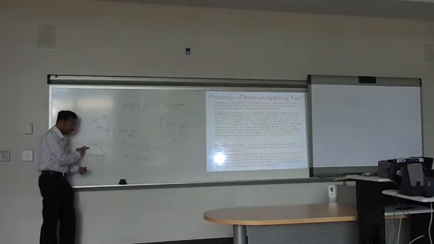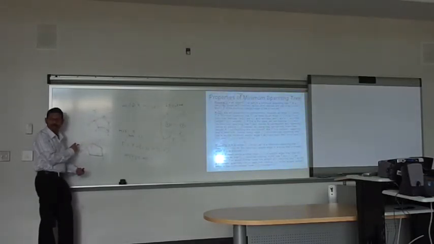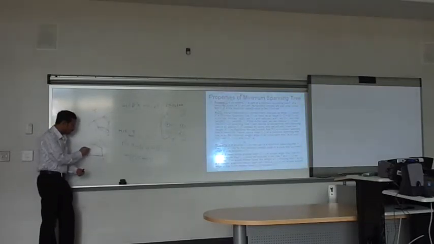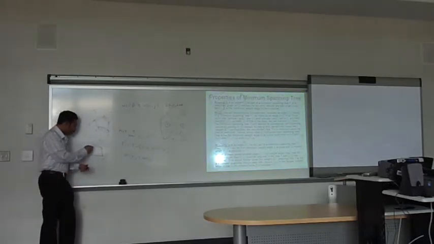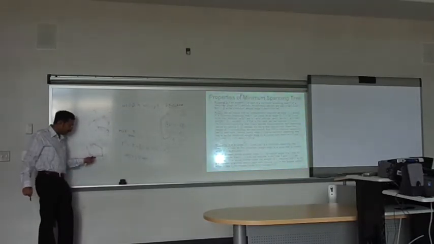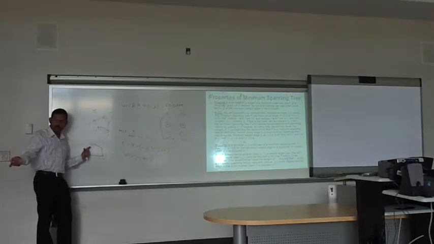Assuming that this is the largest weight edge, I can form the cut set like this and remove the edge that connects these two sets. So by removing this edge and retaining this edge, I'm going to have a tree, and since what I removed is of larger weight than this one, because I removed the largest weight edge in this cycle, the weight of the tree is going to be further reduced.